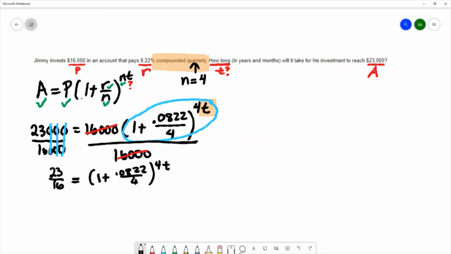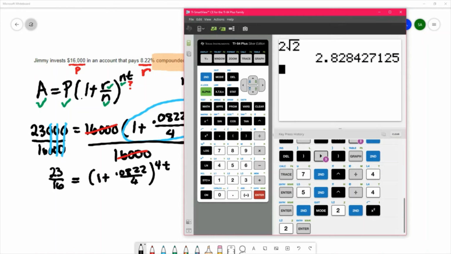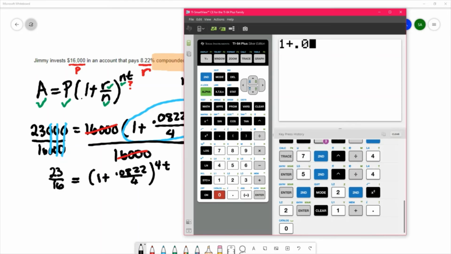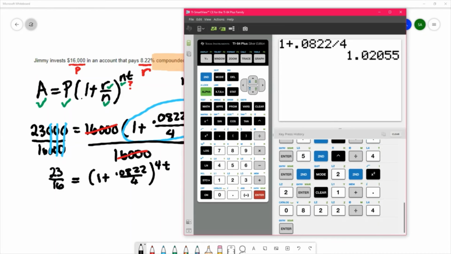And just so this is a little bit simpler, I'm going to get my calculator and let's calculate everything that's in that parenthesis. 1 plus 0.0822 over 4. And as long as it doesn't have too many decimal places, that'll be okay.